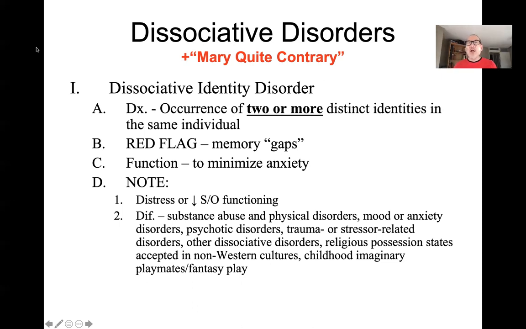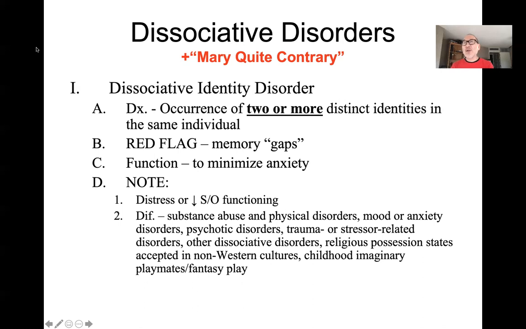All righty then. So that is a story of what's traditionally been referred to as multiple personality disorder. Now, in the DSM, the current term is dissociative identity disorder. You rarely hear people using that term. Multiple personality has kind of stuck with the general public, but the new term is dissociative identity disorder.